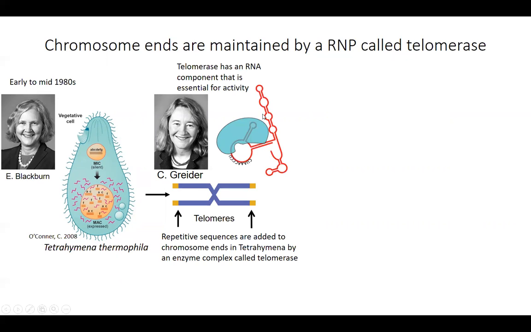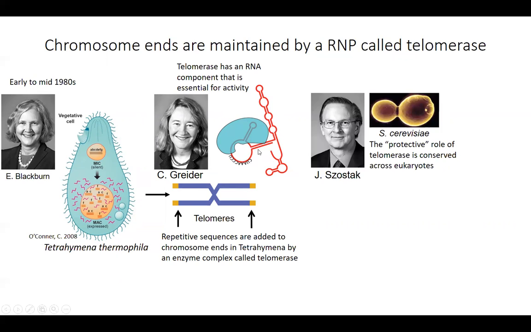Looking a little bit closer, this is the protein part of that complex, and we're going to have an RNA that's specific for this. That's our telomerase RNA, but in a way we can also think of this as a long non-coding RNA.